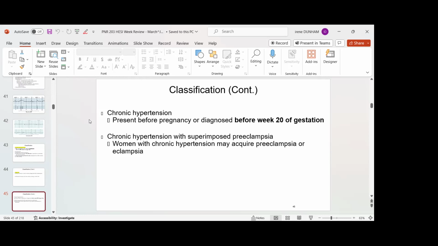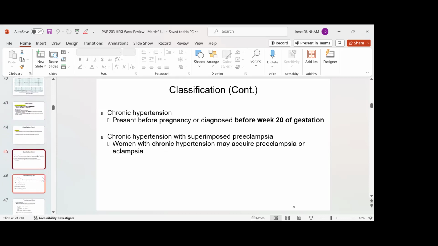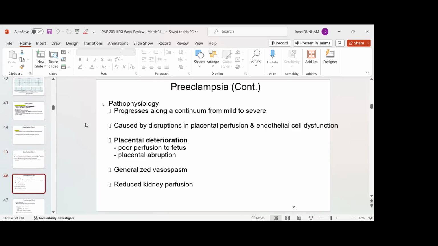Then you got your patients that, you know, in that first visit, you ask them, what's your medical history? And she says, well, I'm hypertensive. So now you have a condition of chronic hypertension in this patient. Can this lady get sicker? Sure can. She sure can. And that's why you have to be very careful with this one.